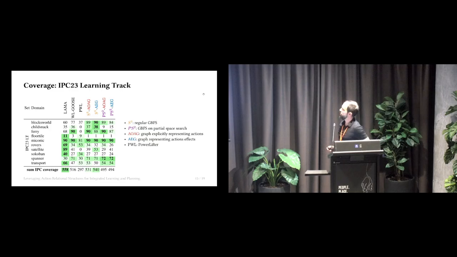The main takeaway here is if we look at the orange columns, these 2 columns, we are just using regular GBFS. We train a heuristic on the partial state, so it's a heuristic that can answer queries regarding a set of states, but also the singleton set. But during planning, we use it as a regular heuristic, just querying for a singleton set. And that was enough to improve upon the previous work that used WL.